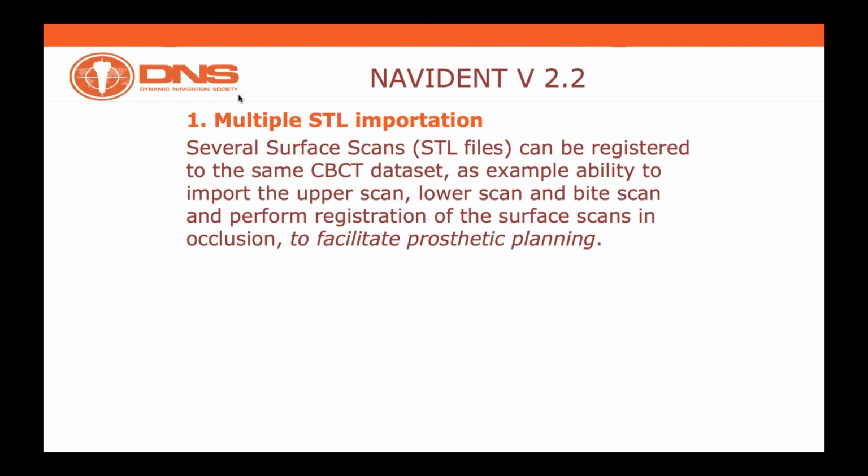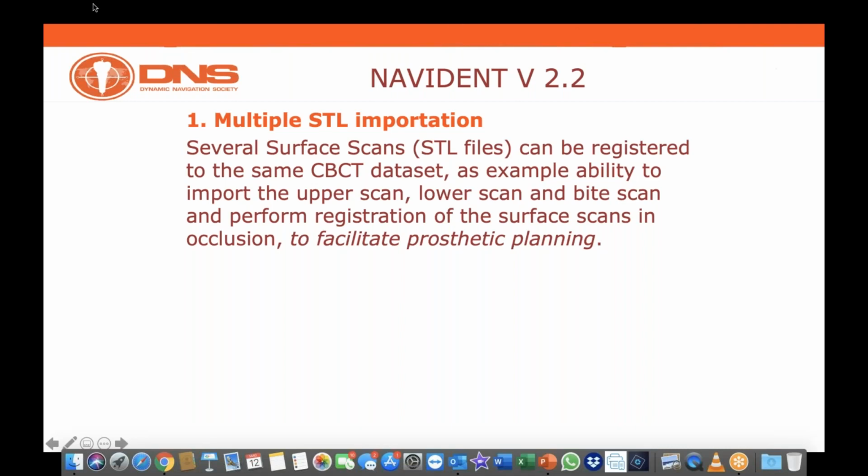First of all, we're talking about the opportunity to add and import multiple STL files. We will dwell on this feature. We will see that thanks to it, we have a chance to register multiple STL files to the same CBCT dataset.